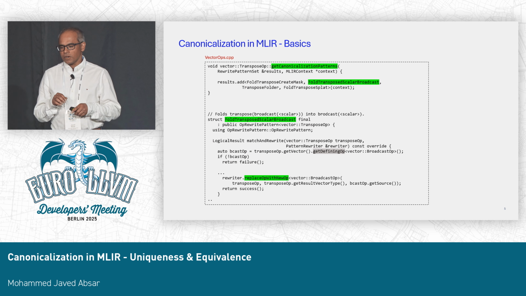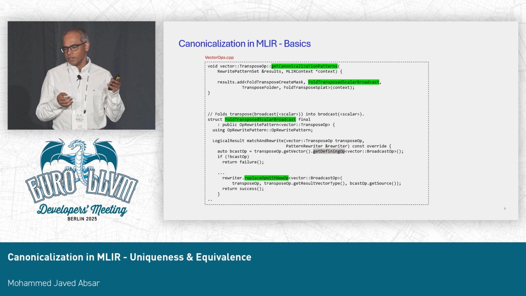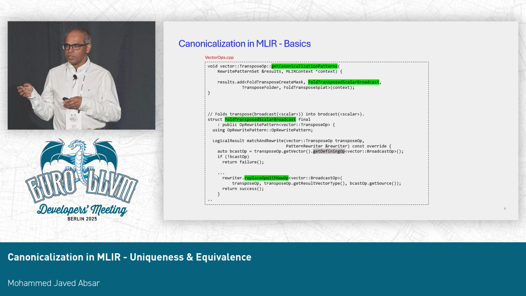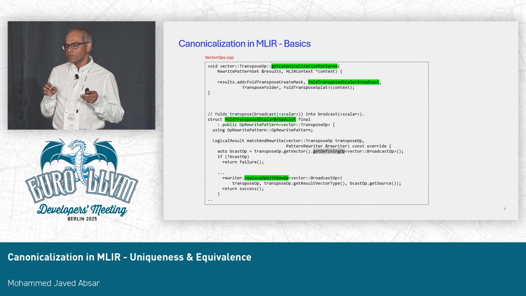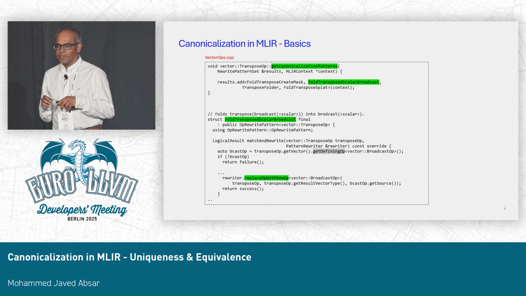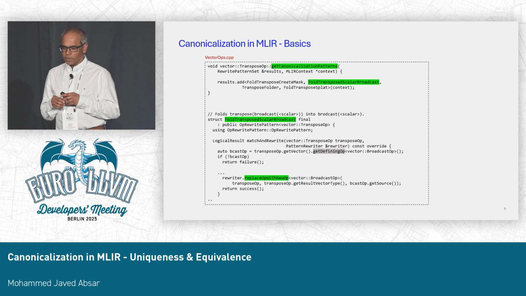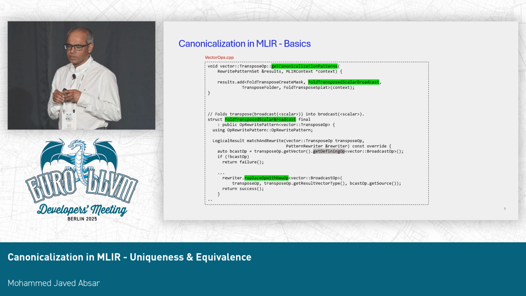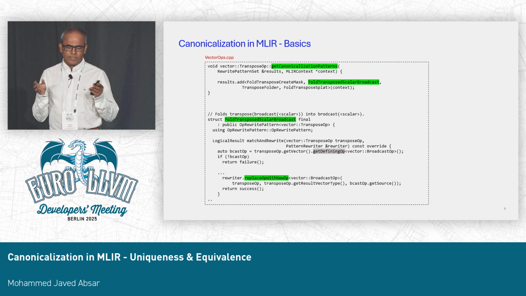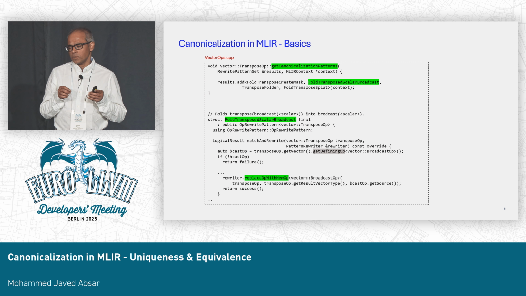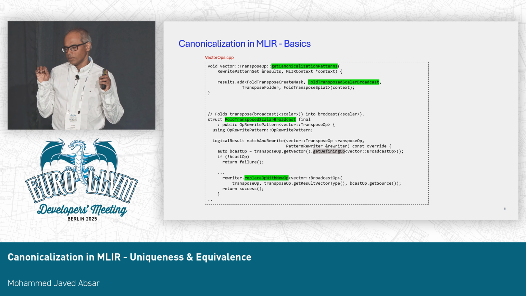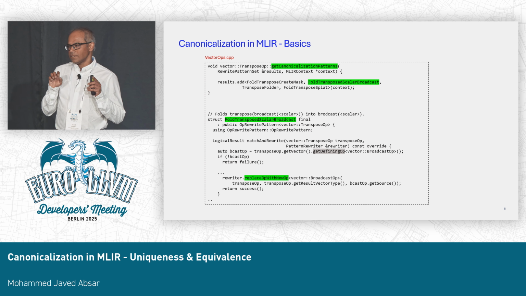Then what do you do in your implementation? In your vector transpose op's getCanonicalizationPatterns, you add those patterns. For the example before, you add this FoldTransposeScalar, it's a kind of long name, as one of the patterns. In the code below it, you see that what that pattern really does is a match and rewrite. It gets a transpose op, and then it checks whether my defining op, the input to the transpose op, is a broadcast.